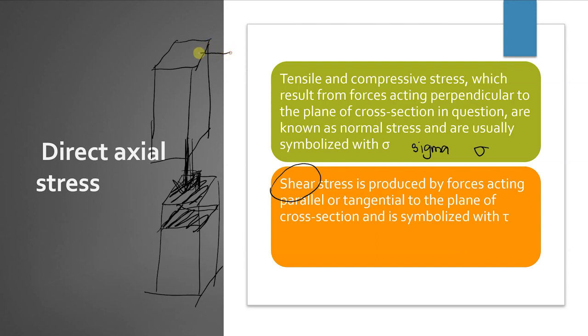So you have a force like this, which is tangential, parallel to the plane. The said plane, and the force is parallel or tangential to the plane. This we call shear stress. This one is tensile or compressive stress. This one is shear stress. Alright, let's move on.